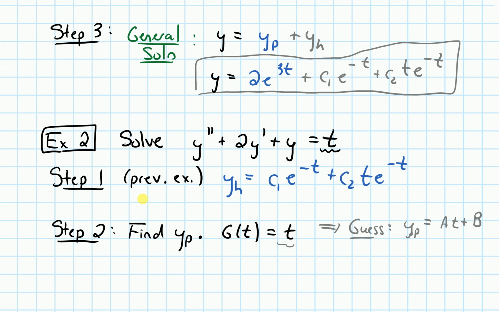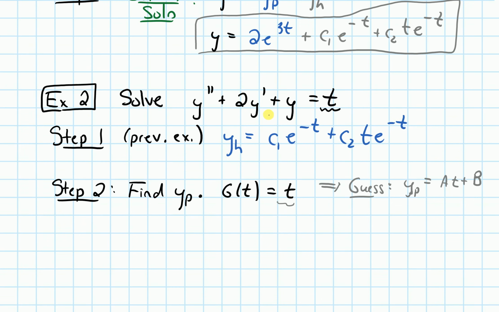It's sort of the most general form that a first degree polynomial could have. And now I'm going to have to plug this into our differential equation. So let's take some derivatives. The first derivative of this would just be a, and the second derivative would be 0, because the derivative of a constant is 0. All right, so now let's plug in. We've got to plug y sub p in.